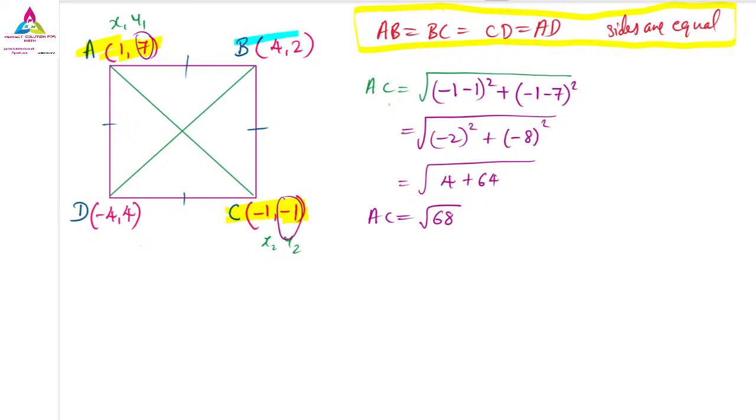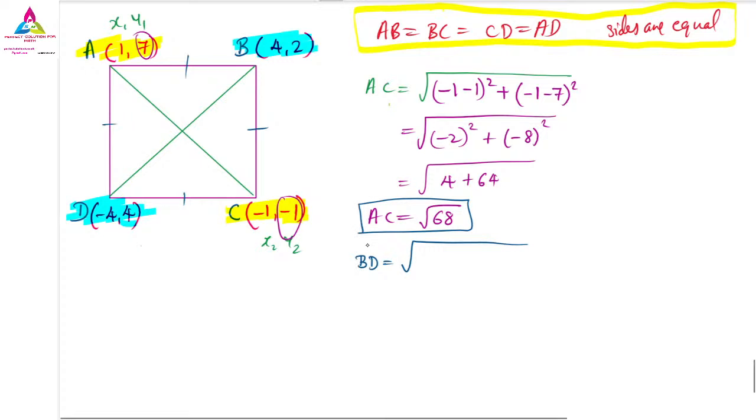Now we have to find this BD also, the diagonal. BD diagonal we have to find. So BD is the same procedure. So now let us take this as x1, this one as y1, this one as x2 and this one as y2, and let us calculate it. According to that we have to write down the values of x1, y1.